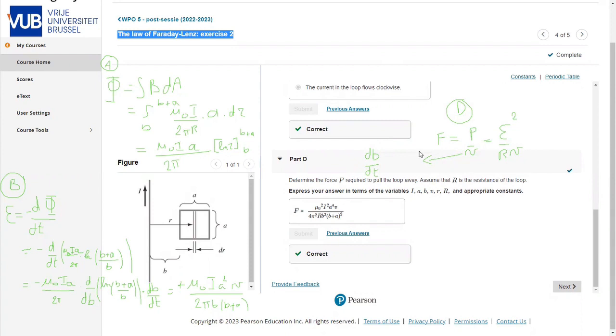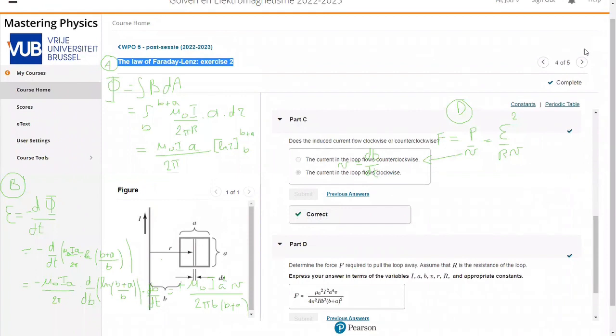We already know what the velocity is. This one is just equal to the velocity, and normally you have everything to calculate this one. Okay, exercise 5.